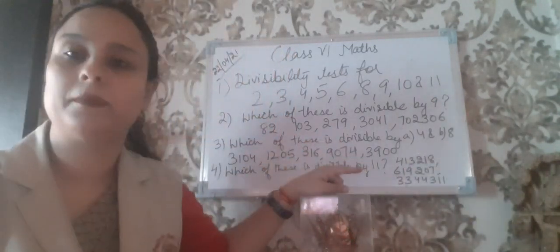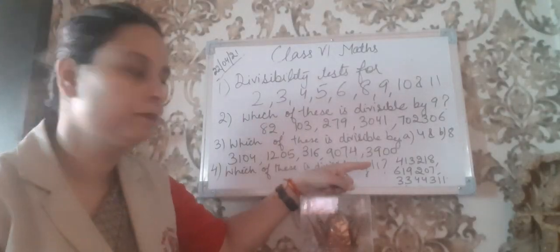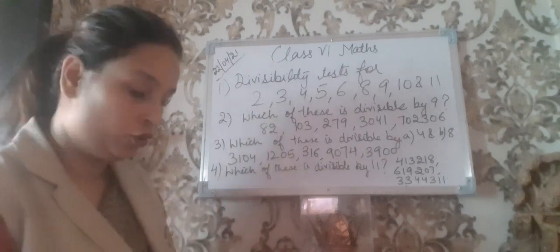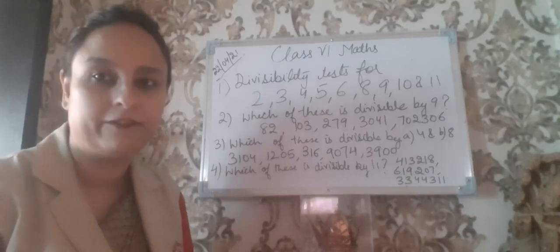Alright, these are the three numbers: 413218, 619207, 3344311. So these are the three numbers for which you have to test the divisibility test of 11.